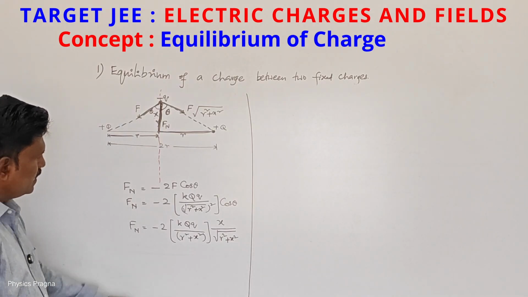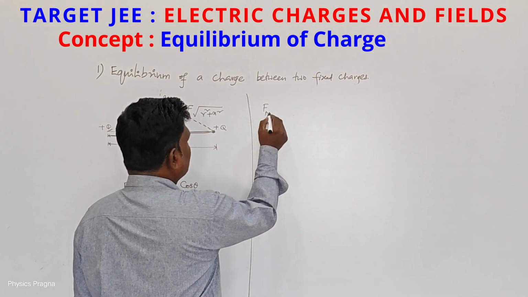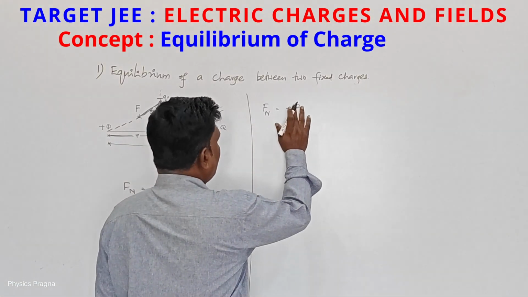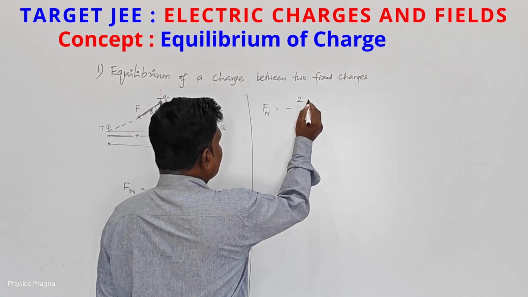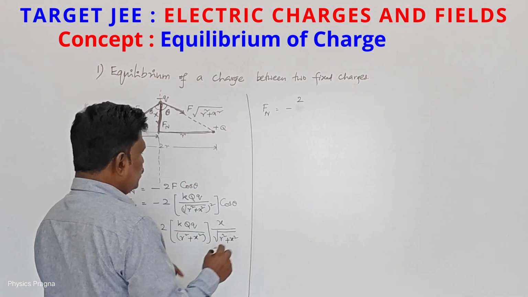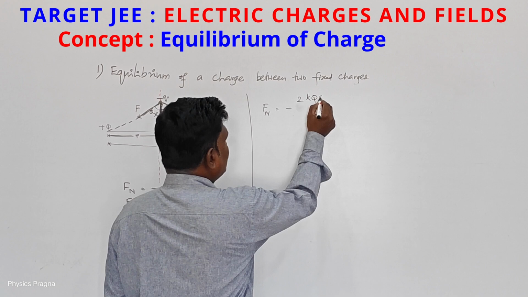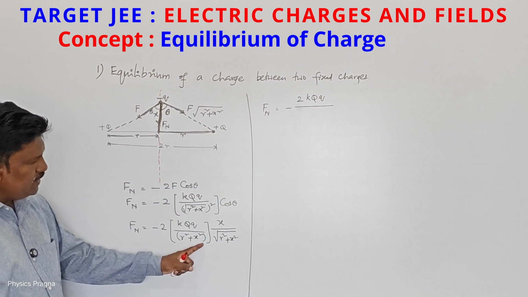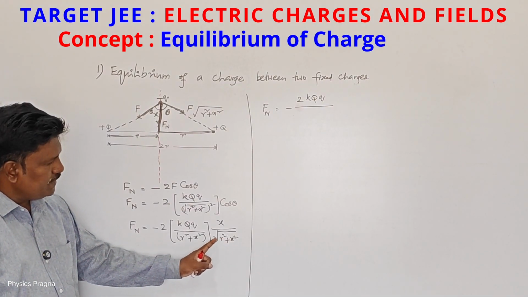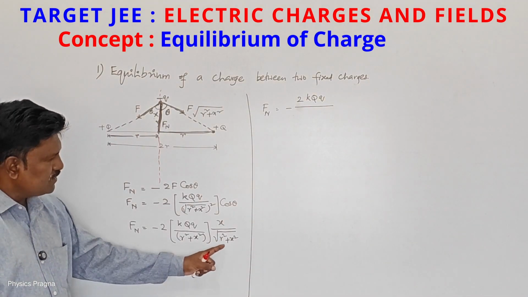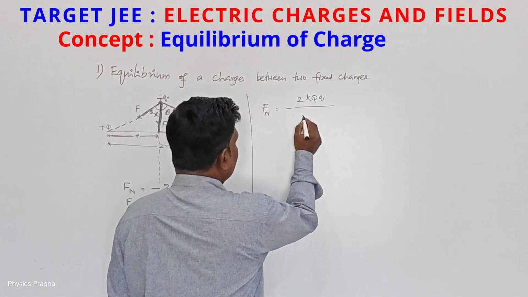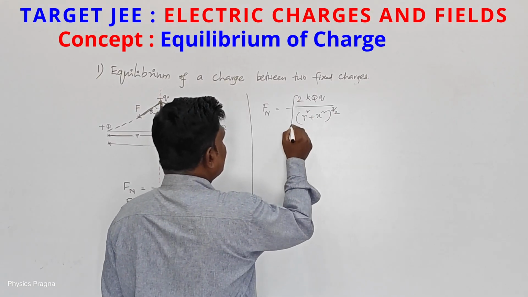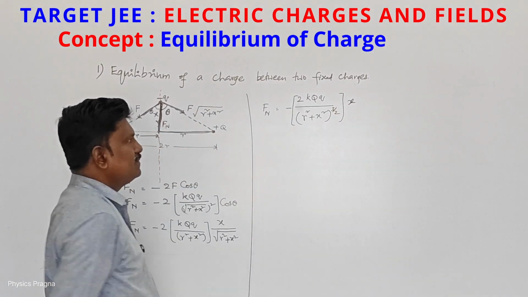So Fn is equal to minus 2 k capital Q small q by r square plus x square into r square plus x square root, which means whole power 1 by 2. 1 plus 1 by 2 is 3 by 2. So I will write r square plus x square whole power 3 by 2, into x.